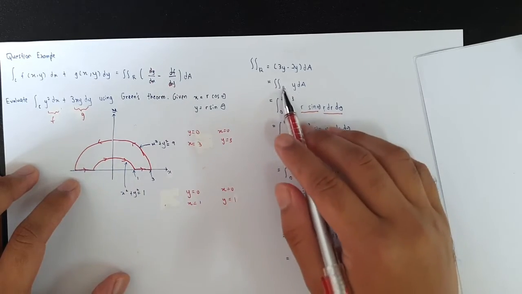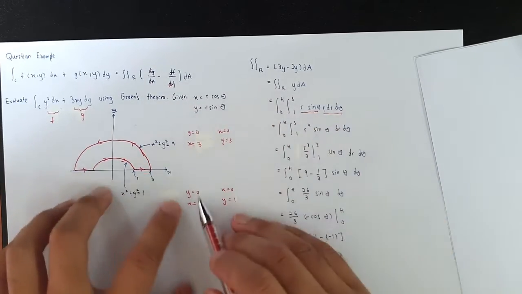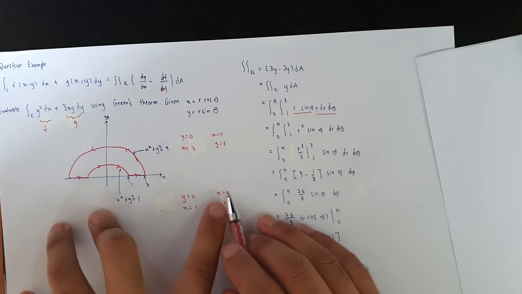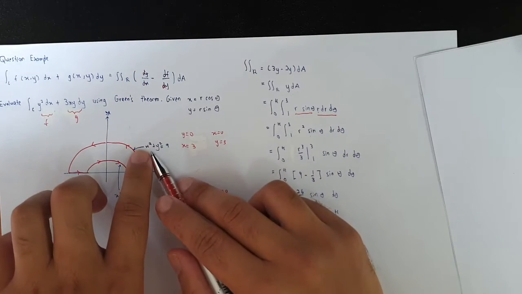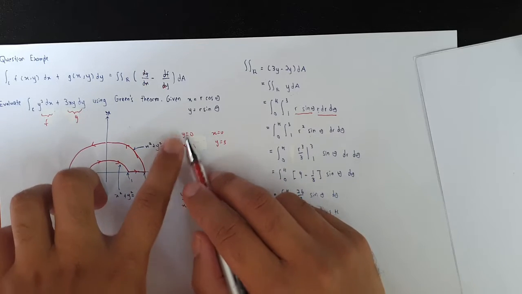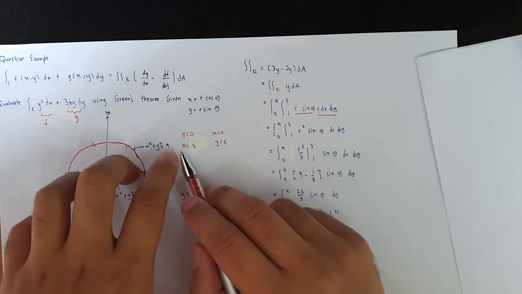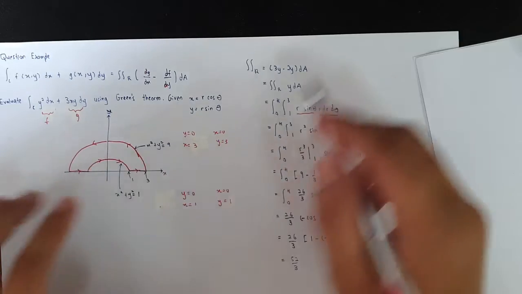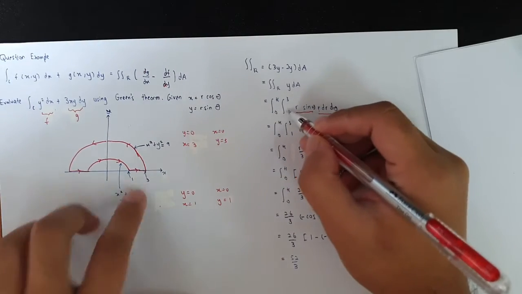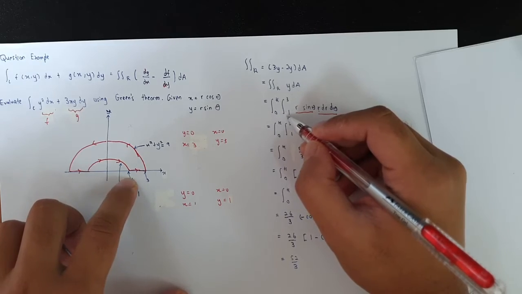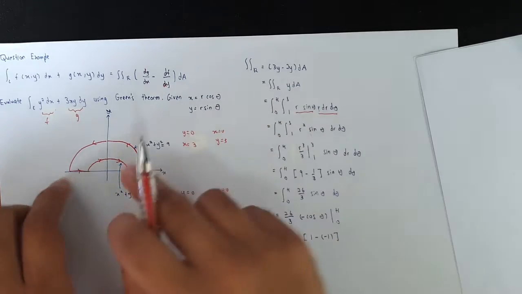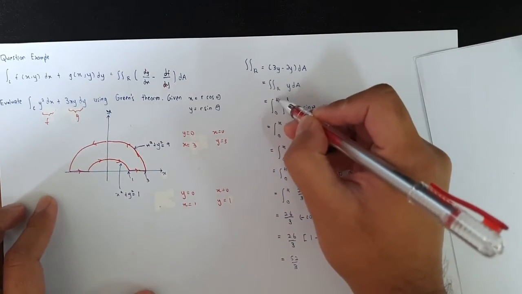From this r region, we substitute this equation, y equals 0, x equals 0. Therefore we get x equals 1, y equals 1. Same goes for here, y equals 0, x equals 0, x equals 3, y equals 3. So finally r goes from 1 to 3, and for the half circle, theta goes from 0 to pi.